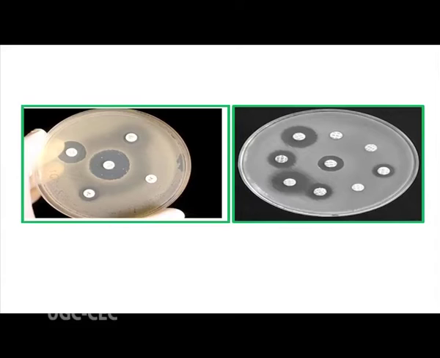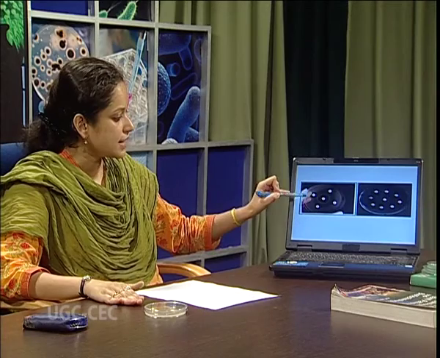Suppose this is a Petri plate which is showing confluent bacterial growth on its surface. Now, when the discs are placed, you can see that there are 5 different antibiotic discs. After 24 to 48 hours of incubation, we can find that zones of inhibition are formed.